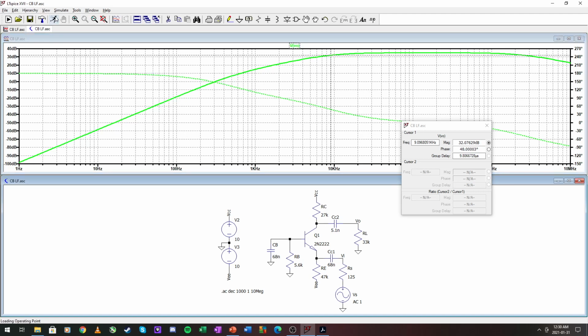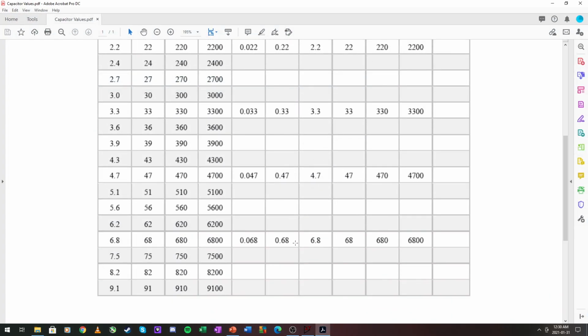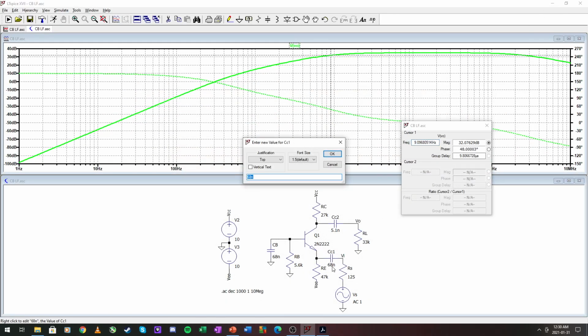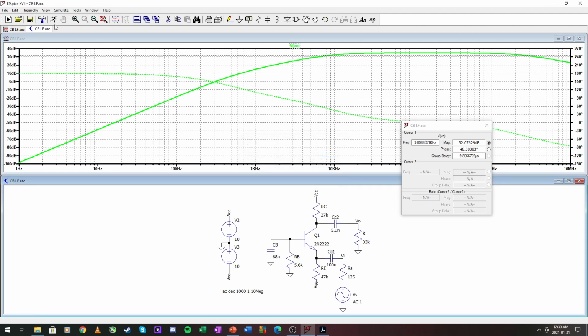So if we run this now, not much has changed with that choice. Our main culprit will be this one over here. So let's see, 68 is highest. If we want to go higher, we need to go with 100 nanofarads, and that is not going to be helpful to our problem at all.